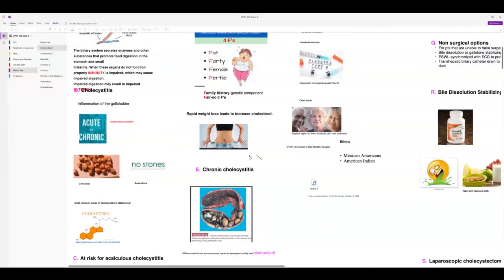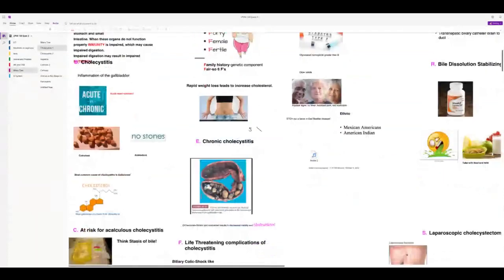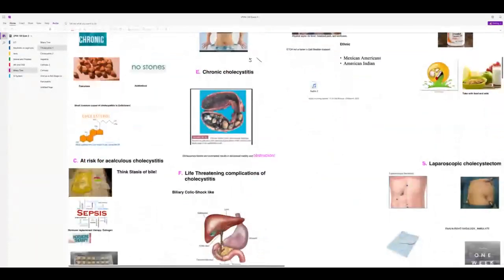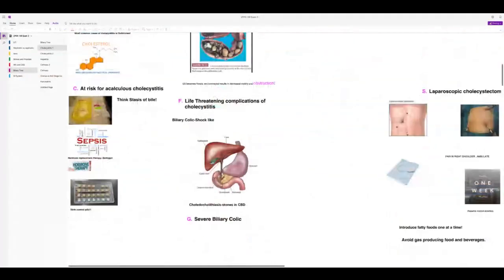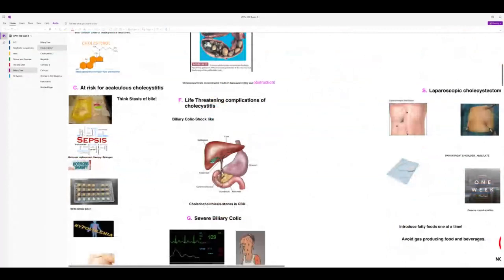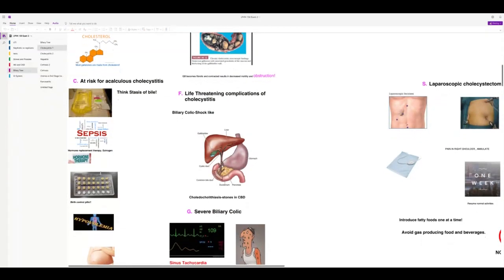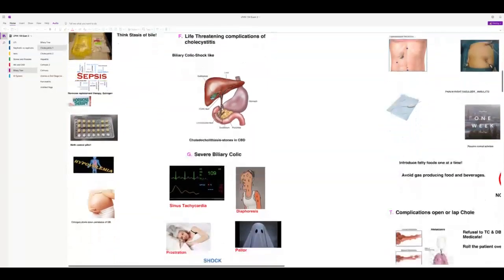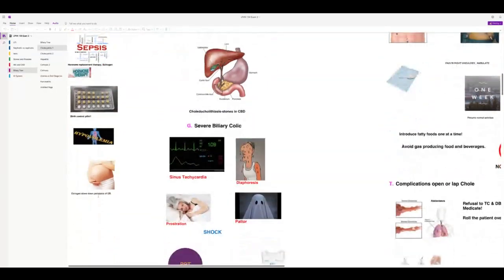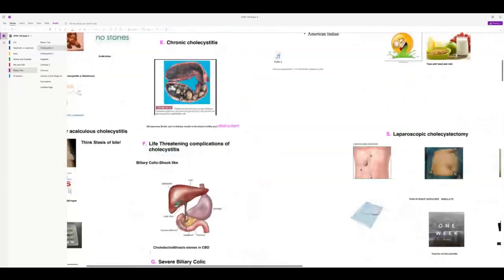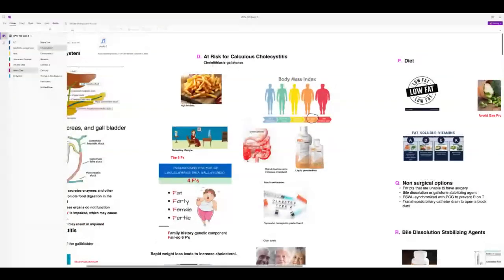Most of them are going to have gallstones. There are some that don't have gallstones, but people who are at risk may be on estrogen replacement therapy or birth control pills. People that are pregnant, and sometimes people that have had twins, will also have gallbladder disease.